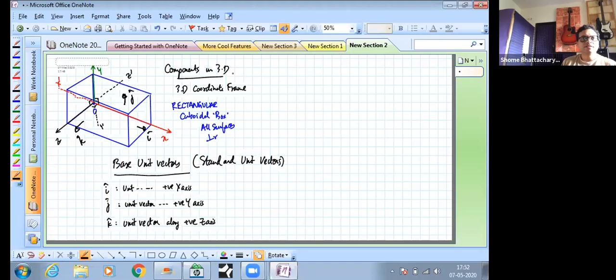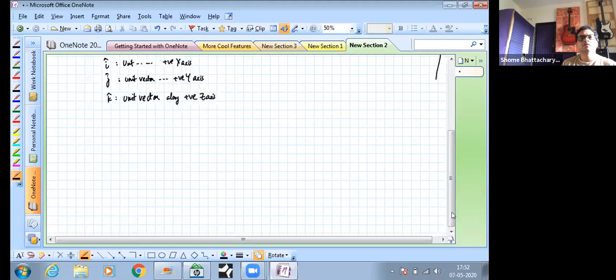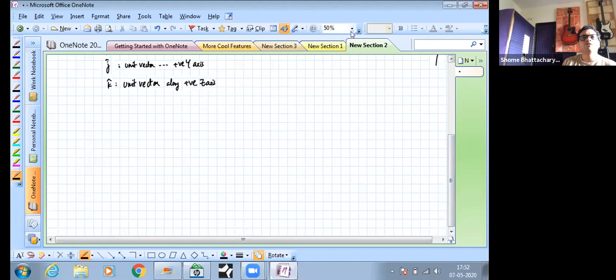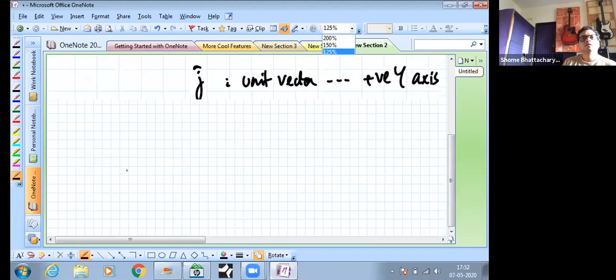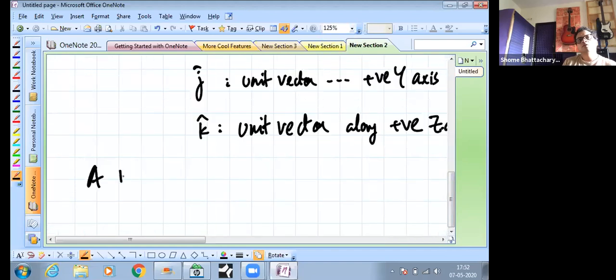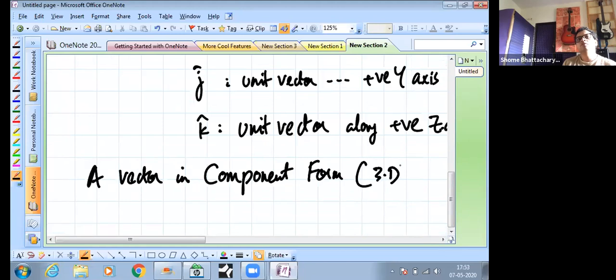So you define the 3-dimensional coordinate frame, then you define the base vectors or the standard unit vectors, and now you come to a position where we can define the vector in component form. So a vector in component notation, or component form, in three dimensions will be given by an equation like this.